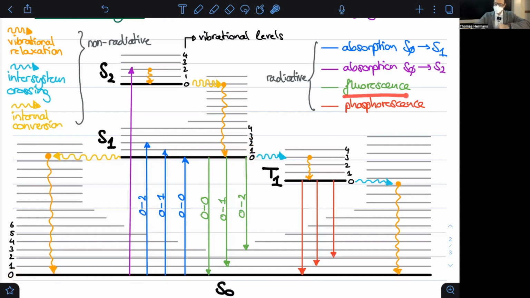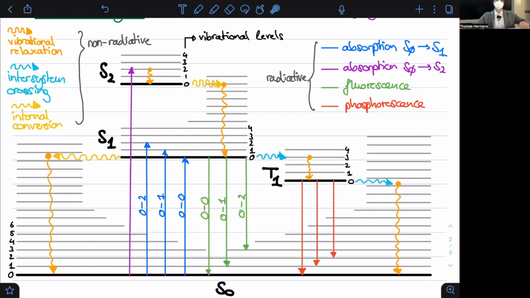Fluorescence, which is this green thing, can only happen from the first excited state back down. And we'll see that these transitions also have the same numbers, right? So we have from 0 to 0, from 0 to 1, from 0 to 2. So we'll see that that will be important later.